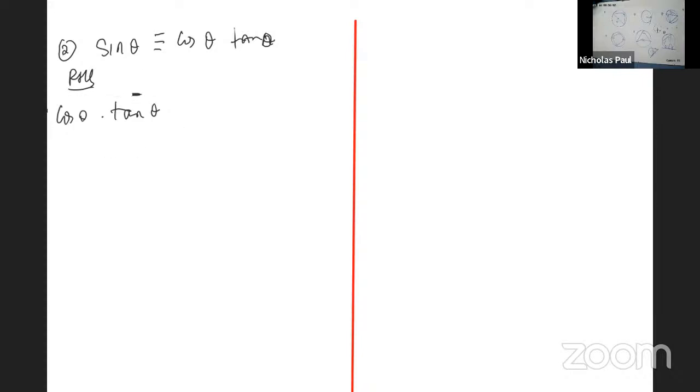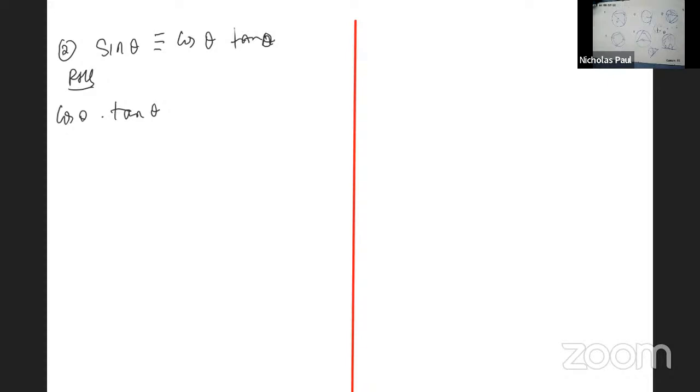So check back and see what substitution you could probably use. Is there any substitution for cos theta? No. But there's one for tan. There's no tan on the left-hand side.